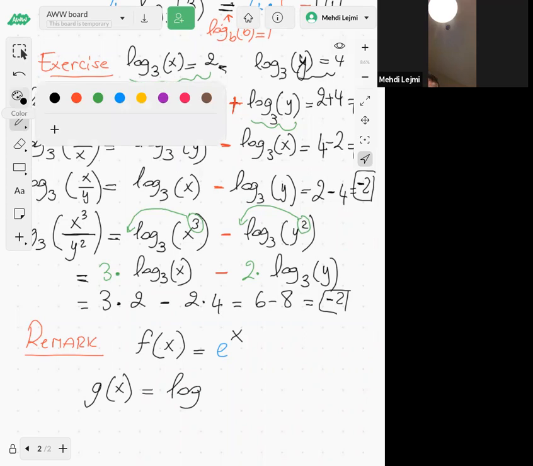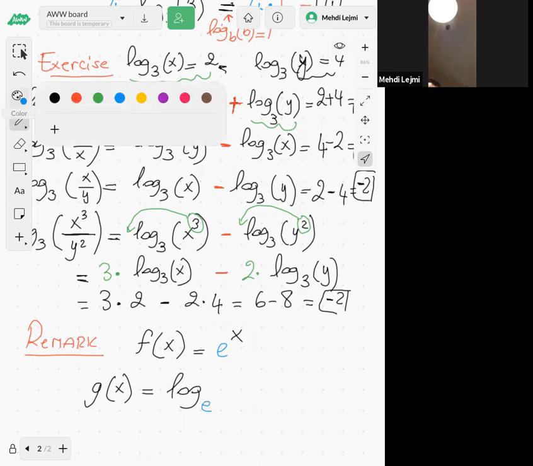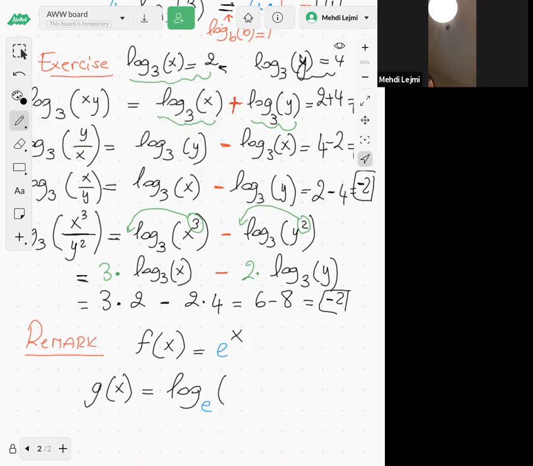As I said, this is called the natural exponential. So log in base e, again, e is just this number, 2.71, etc. Log in base e of x, because e is the natural exponential, is called the natural log. So ln of x.